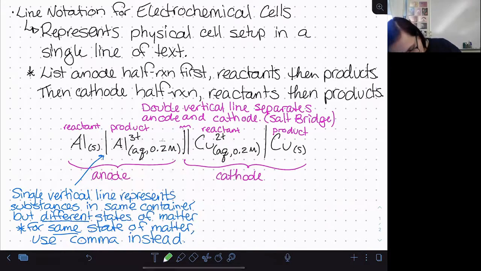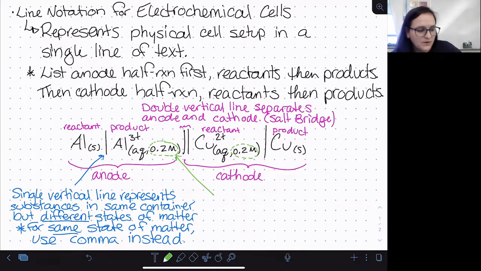You'll also notice that I have included concentrations for my aqueous things here. We typically only include the concentration if it's not standard. Our standard concentration is 1 molar. So in this type of notation, if you don't specify a concentration, you can assume it's 1 molar. If it's not 1 molar, ideally it should be specified.